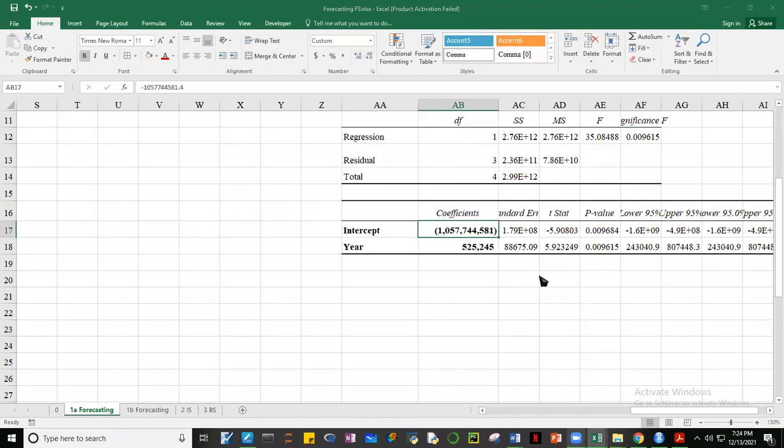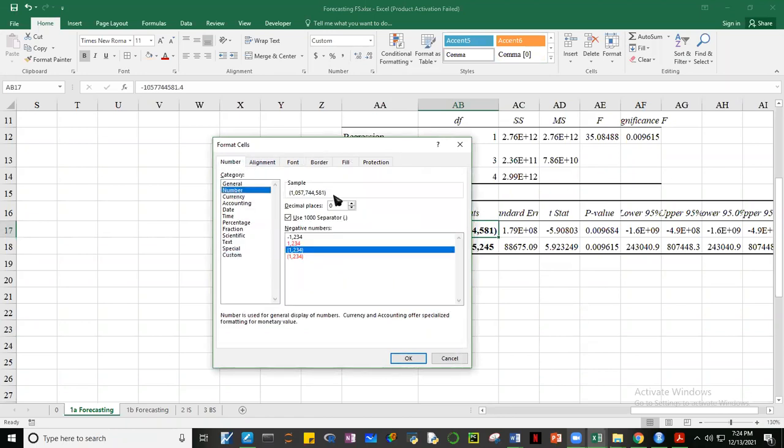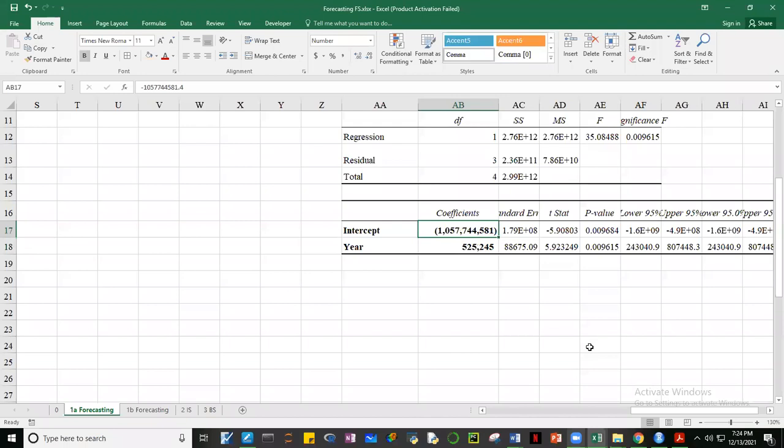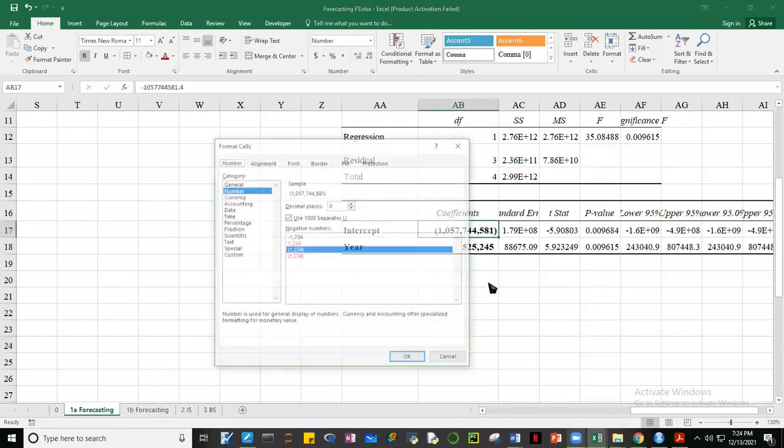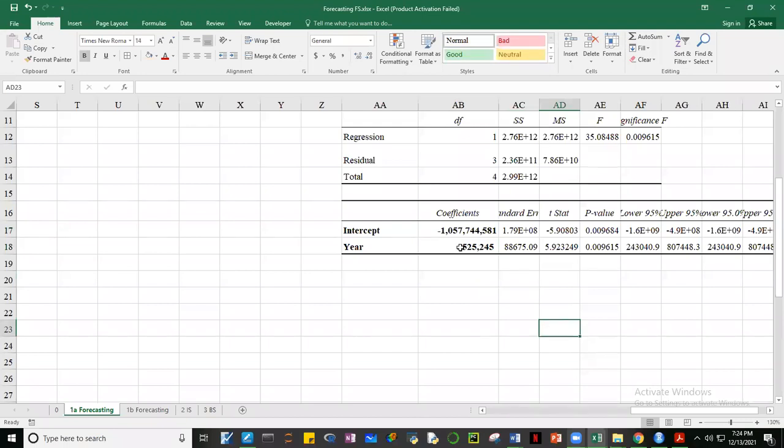Okay, so this is our intercept and this is our slope. Diba? Exactly what we were able to solve. Okay, intercept natin to, slope natin to.